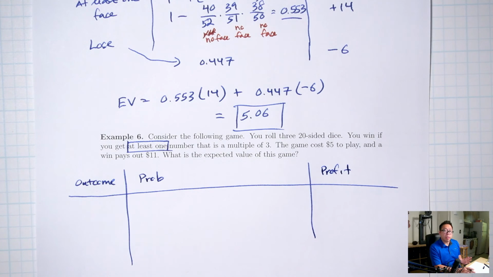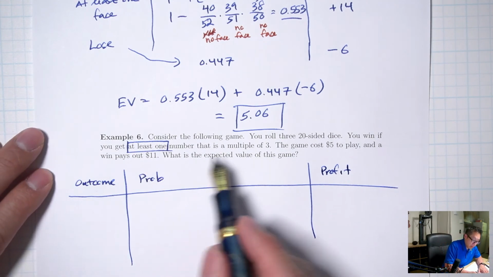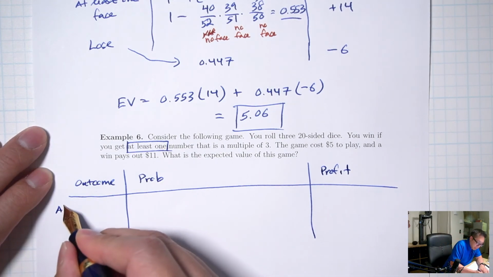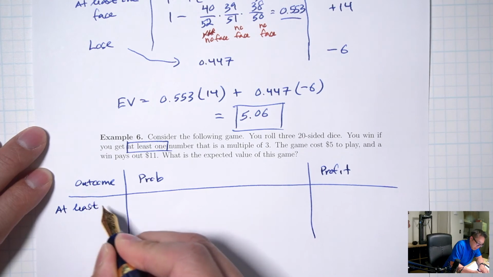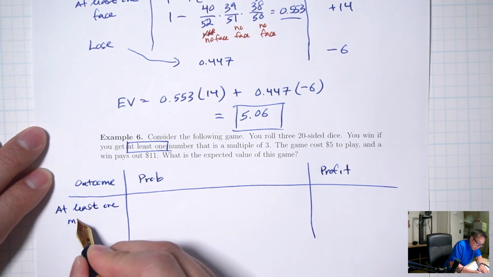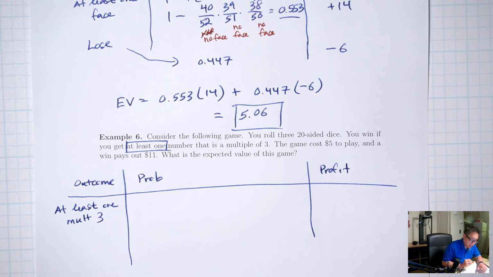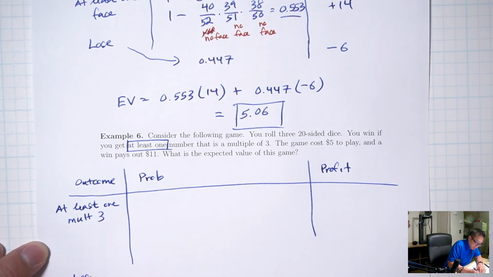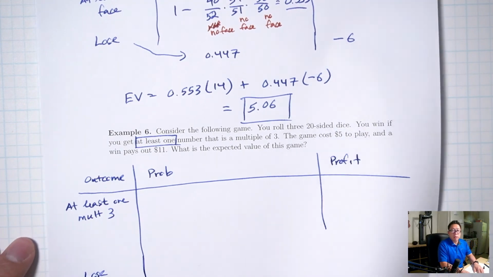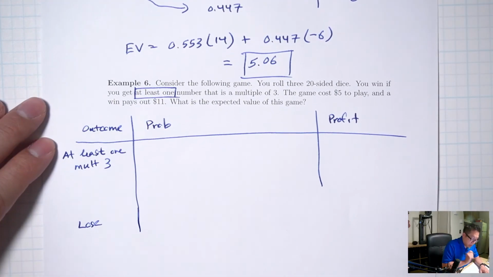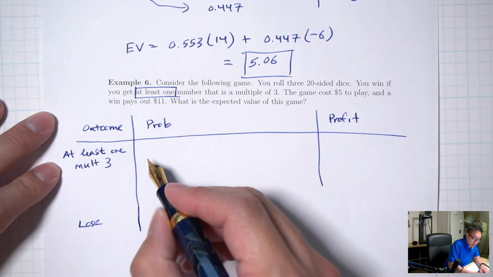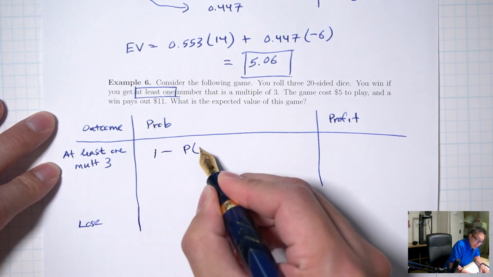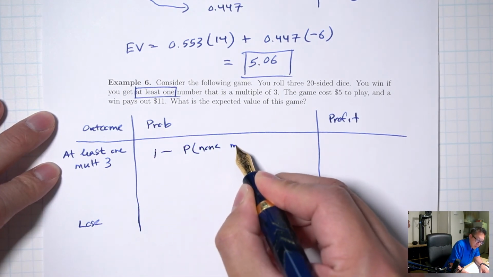Okay, so the only way to win this game is to get at least one multiple of 3, and otherwise, you're going to lose. The way you find at least one multiple of 3 is you do 1 minus the probability that none are multiples of 3.